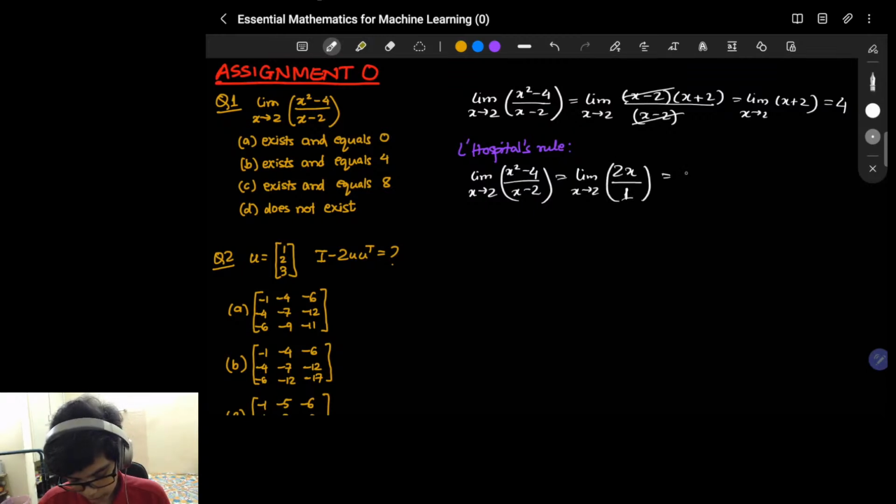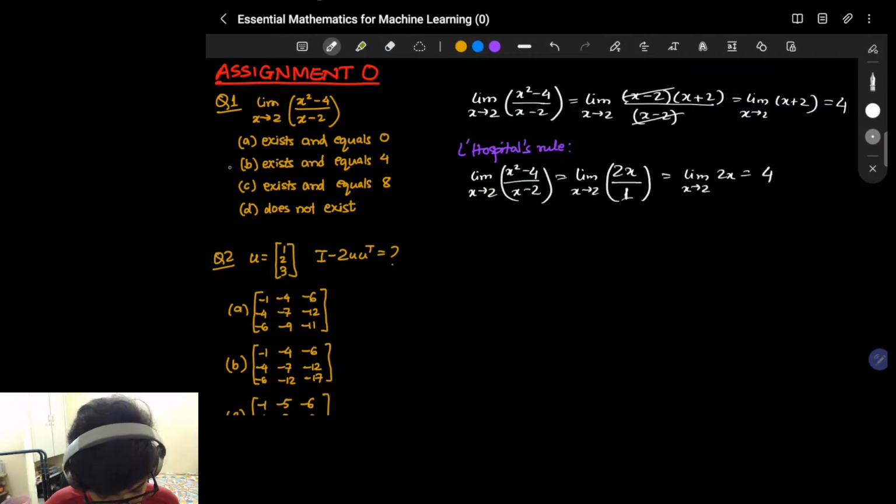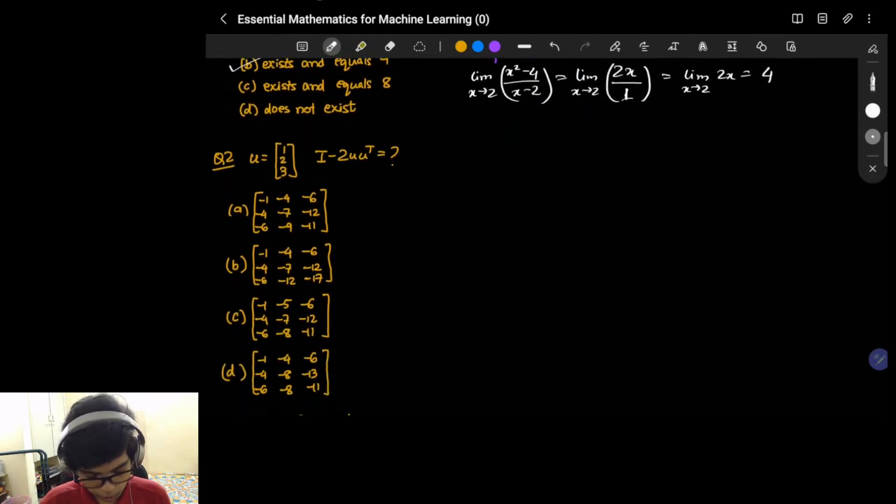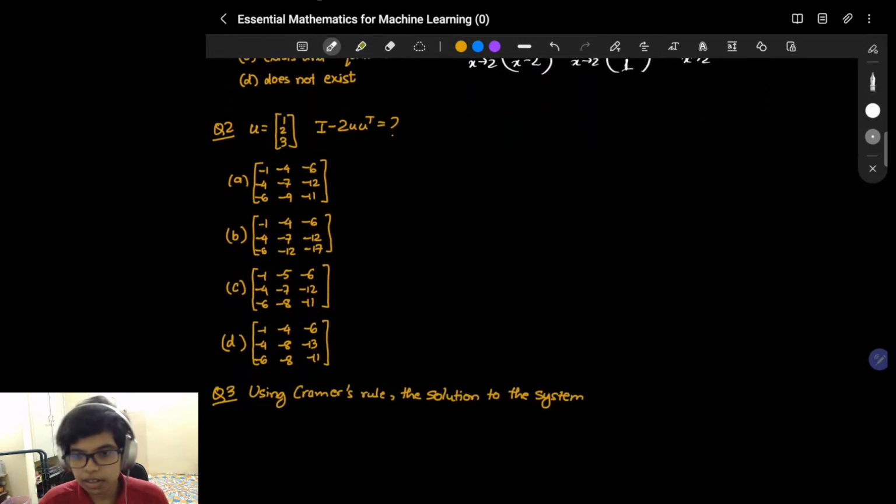And this gives us limit x tends to 2 of 2x, which is 4. So we get the same result. So the answer to the first question is B, that the limit exists and it is equal to 4. Now let us proceed to the next question. Yes?